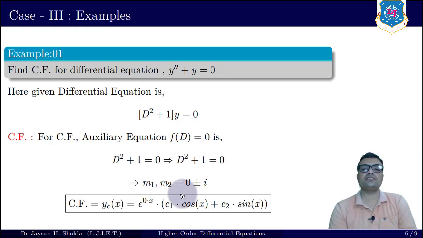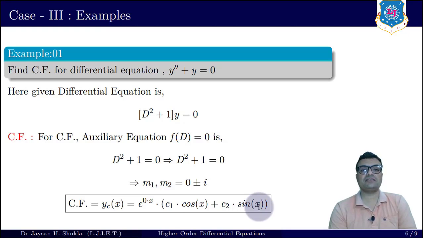These roots are 0 plus or minus i. Here we can see clearly that alpha is nothing but 0, which is the real part of the roots, and beta is nothing but 1, which is the imaginary part of the roots. And so we can fit e raised to 0x, times c1 cos 1 into x plus c2 sine.